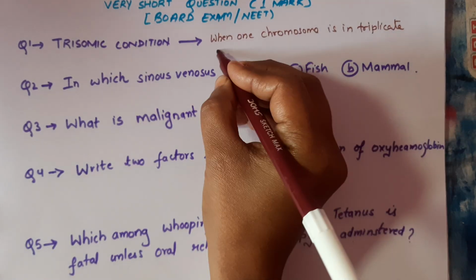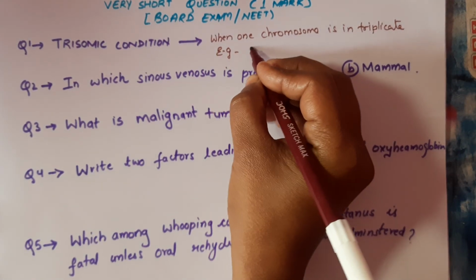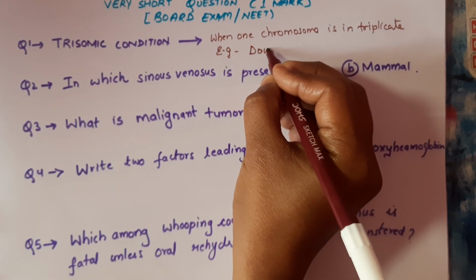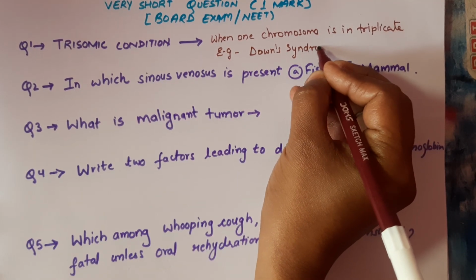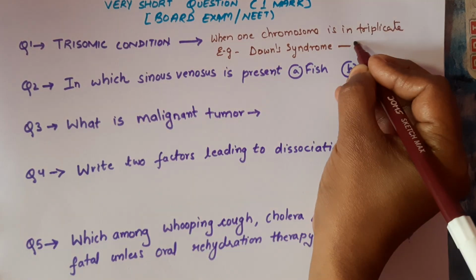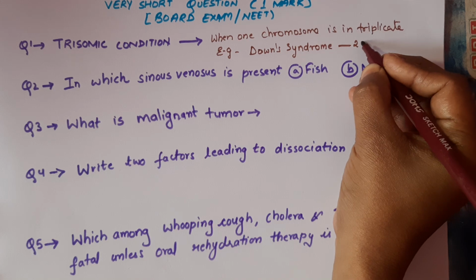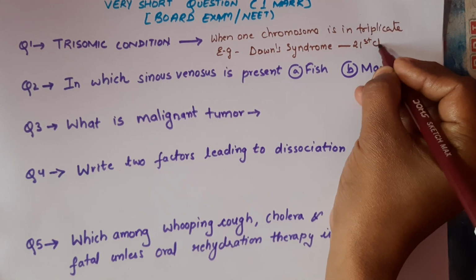You can also write an example, like in the disease Down syndrome, the 21st chromosome is trisomic.